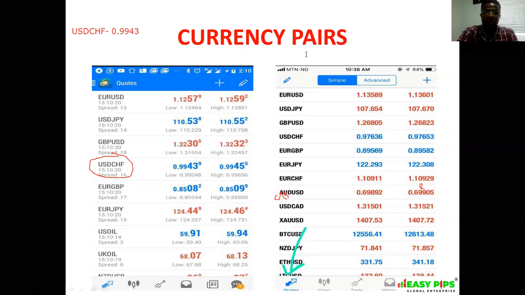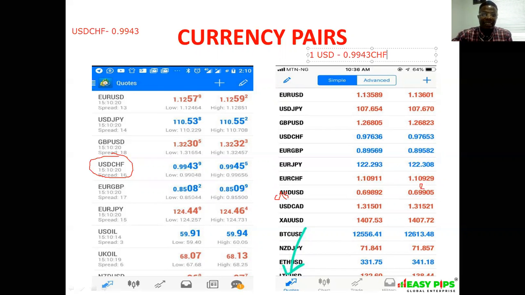This simply means for you to get $1, you need 0.9943 Swiss franc, CHF. So that means for you to get just one single dollar, you need less than one CHF to get $1.